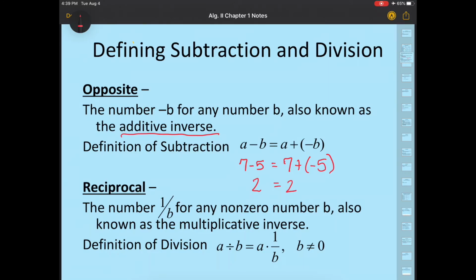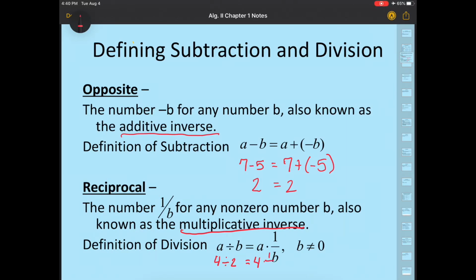So our additive inverse. A reciprocal is the number 1 over b, so it's going to be a fraction, for any non-zero number b, also known as the multiplicative inverse. So, for example, if I have two numbers a and b, let's say 4 divided by 2, and I want to do the same thing on the other side. Well, that number a is still 4, but I need to make 2 a fraction.